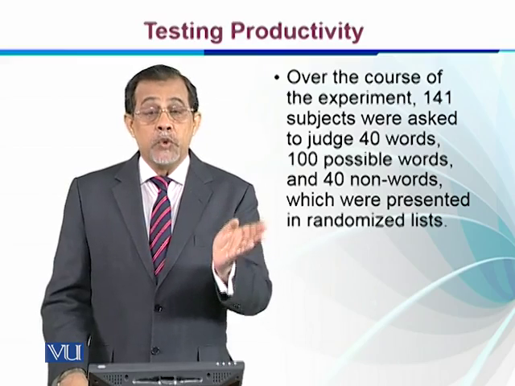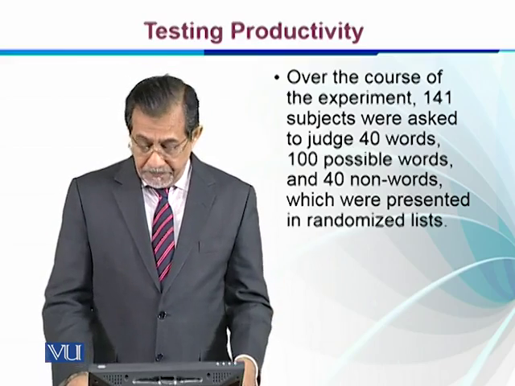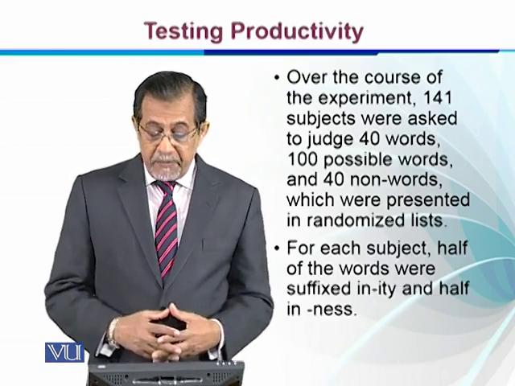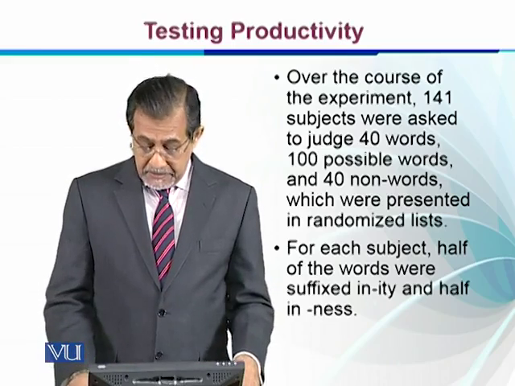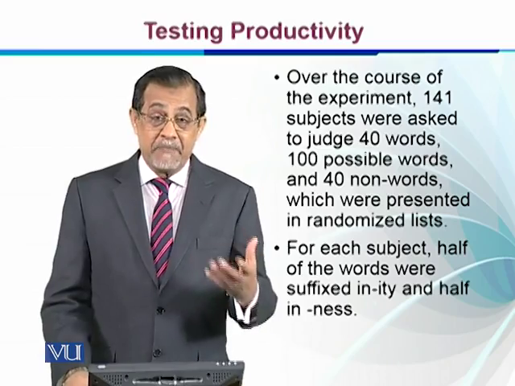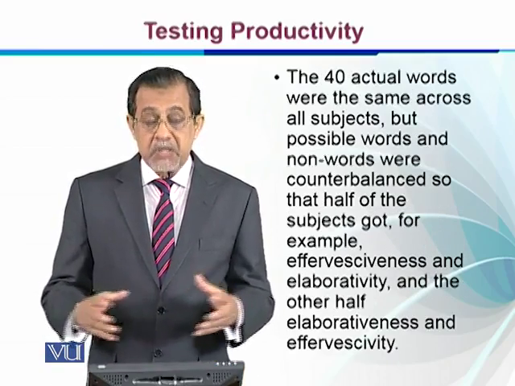Can they use a certain word with a certain suffix or not? For each subject, half of the words were suffixed in ity and half in ness, like activity and impressiveness. The 40 actual words were the same across all subjects.